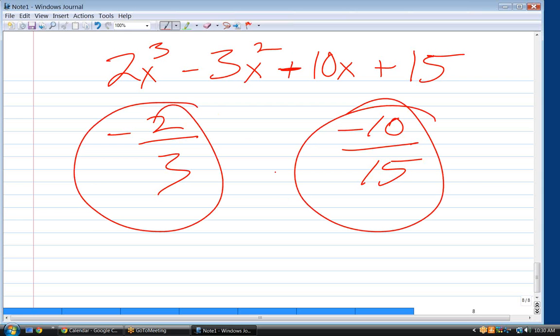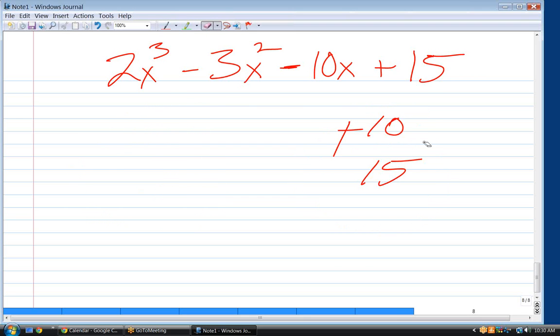Now notice when it was plus 10x, it's not the same. We have a minus 2/3 over there, and we have a plus 10/15 there. We would not be able to solve this if that was a plus 10. So it's still not automatic. There's still one trap that you have to negotiate here.